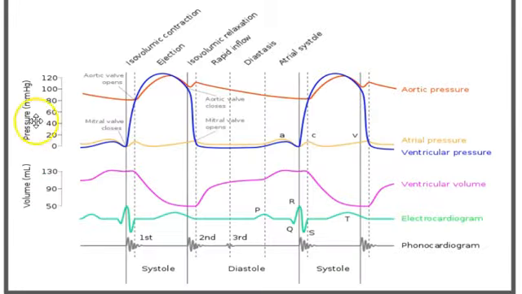And here they'll have just ejection, so they don't break ejection down into rapid or reduced. But it does actually reduce, because you get rapid ejection right here, and then a reduced ejection as it crosses over here. So that's what they're talking about. I don't want that to confuse you.